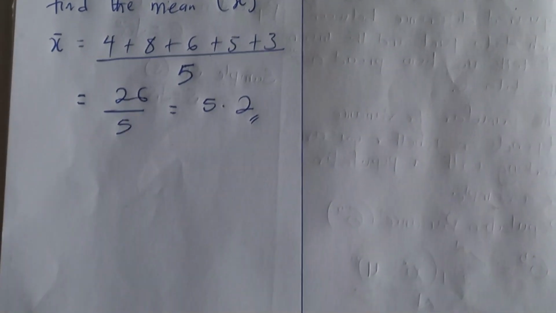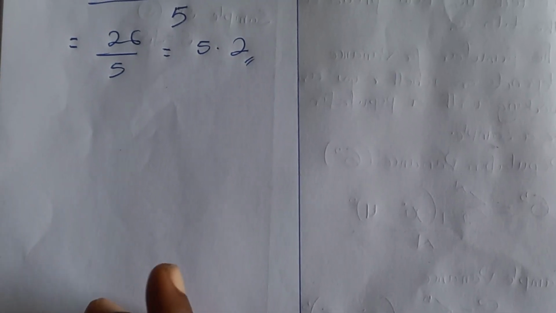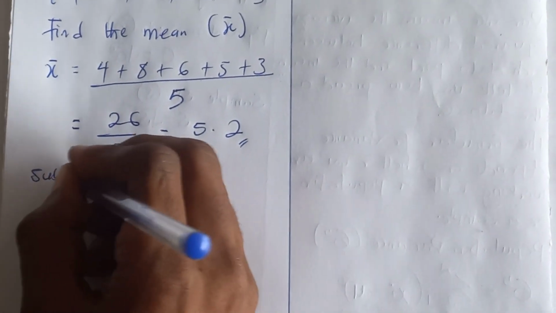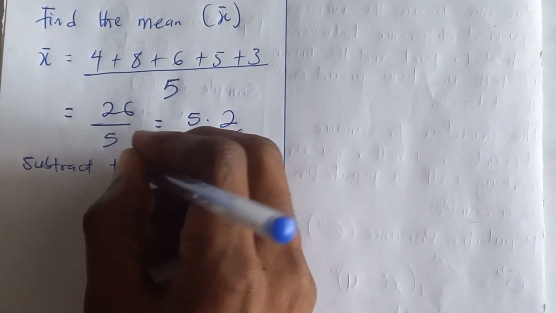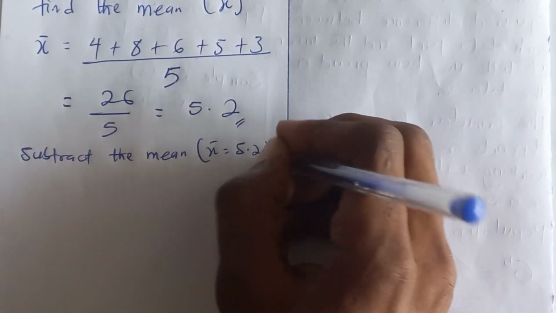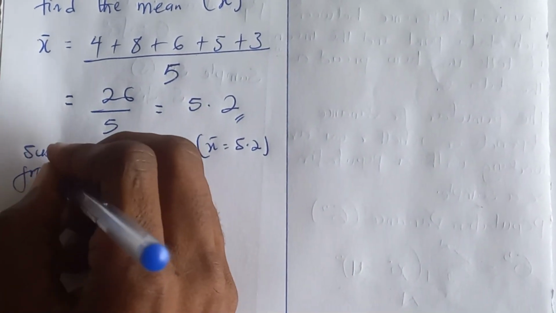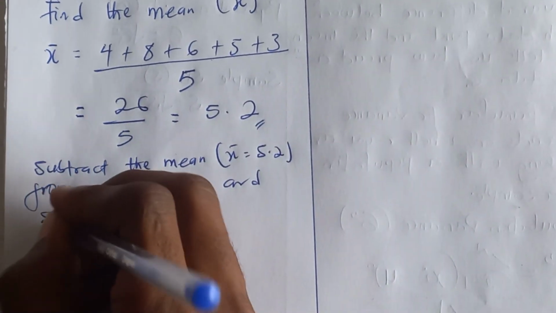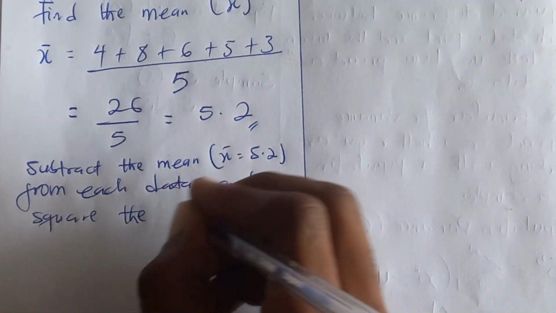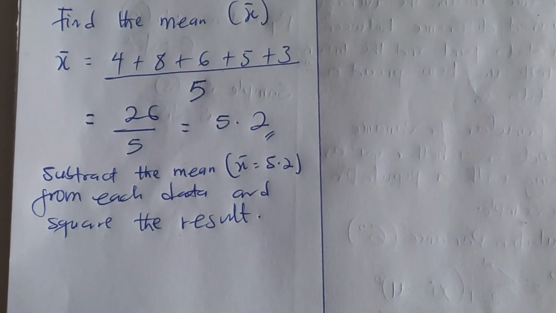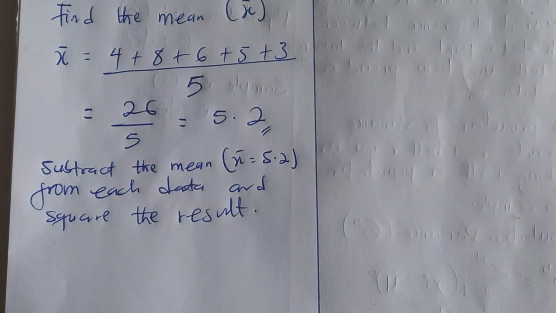Now we have to subtract this mean, x bar, which is equal to 5.2, from each of the data and square the results.